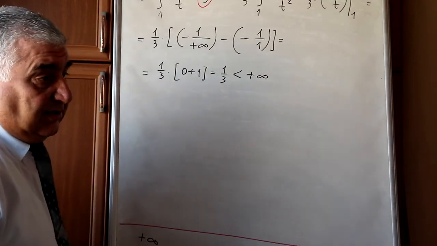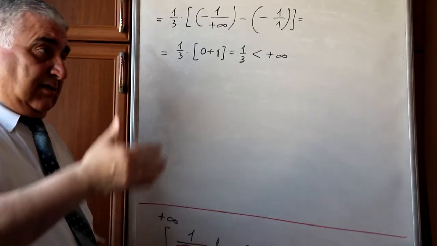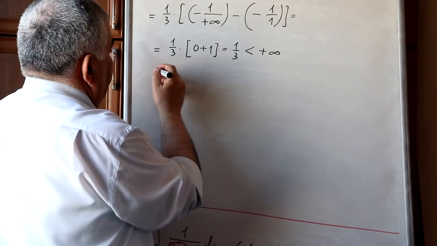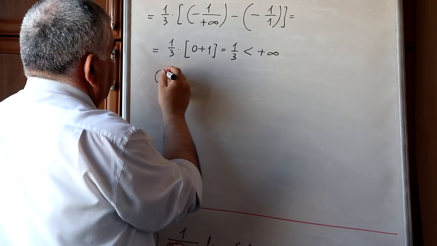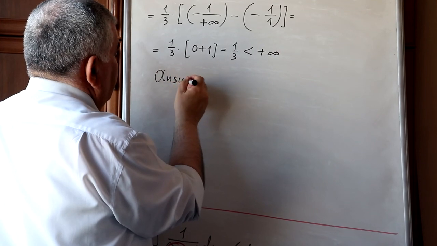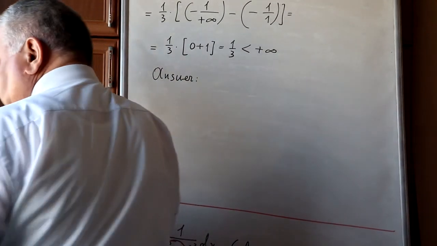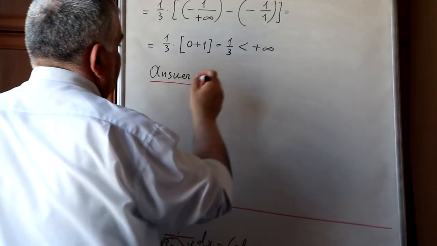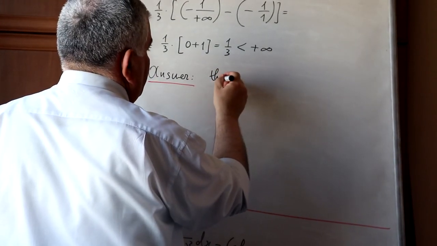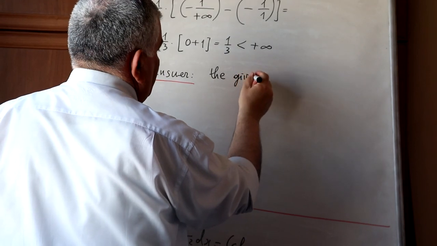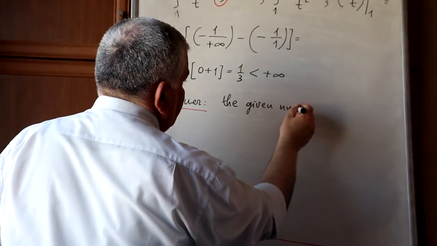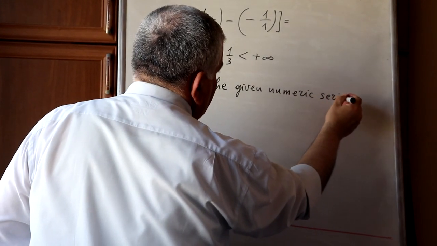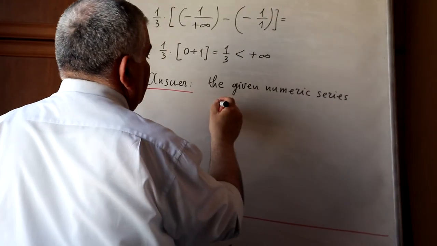Finite value, and it means the given series converges. Answer: the given numeric series converges.